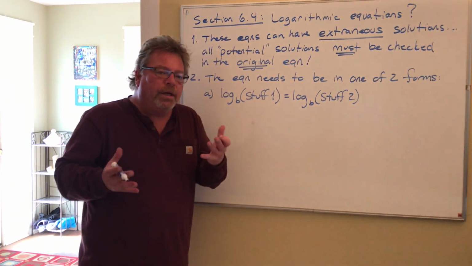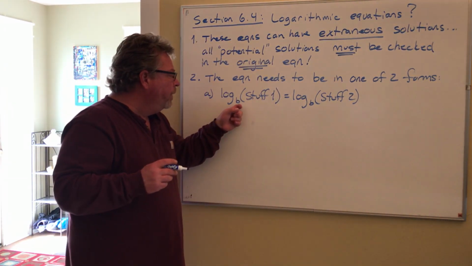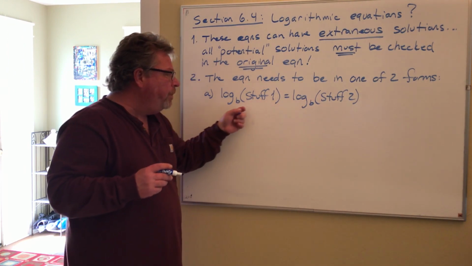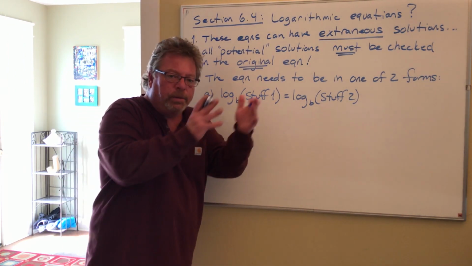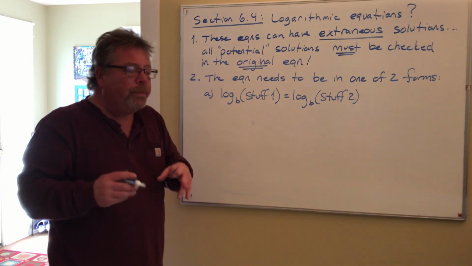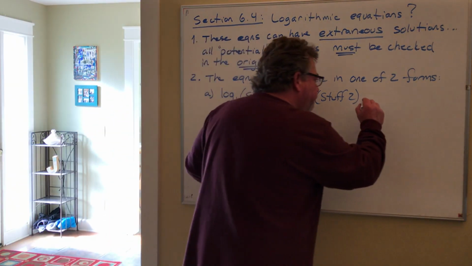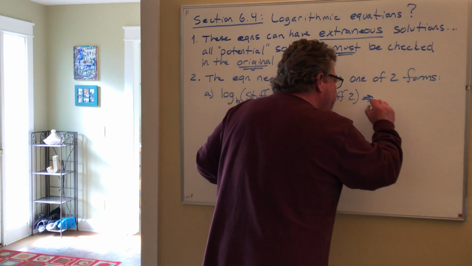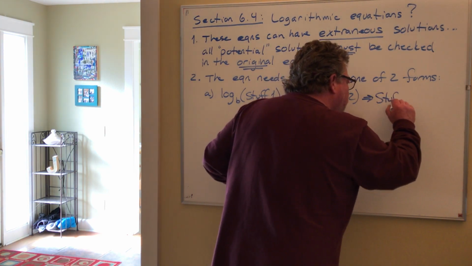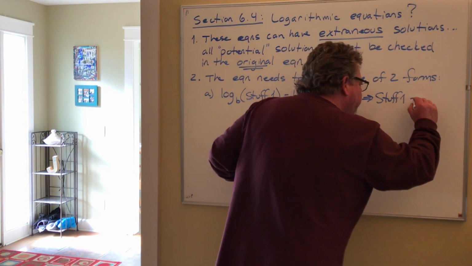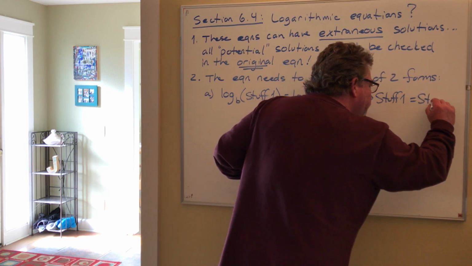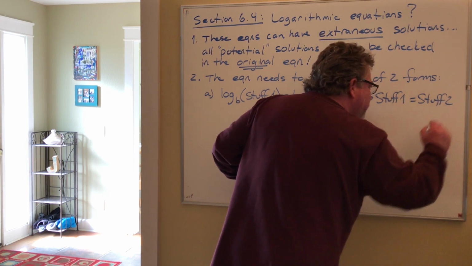And there's 2 things here. The first thing is the bases must be the same. We've got logarithm equals logarithm. The bases are the same. And the logical argument here is that in this situation, we can argue that stuff 1 has to be equal to stuff 2.